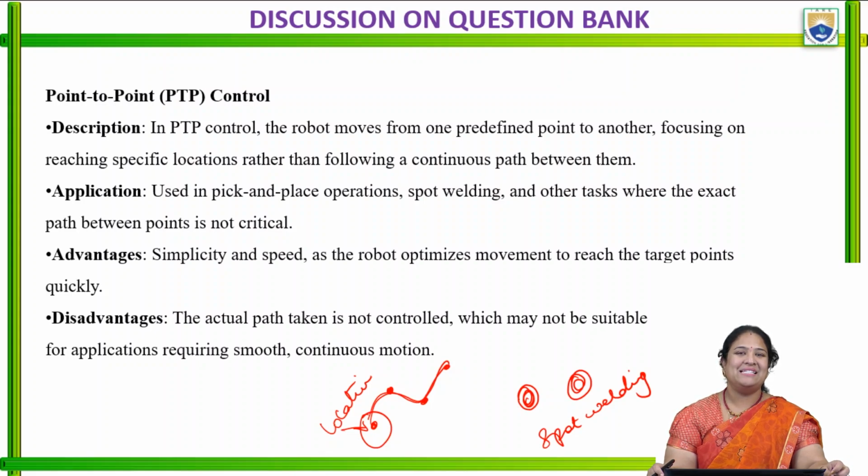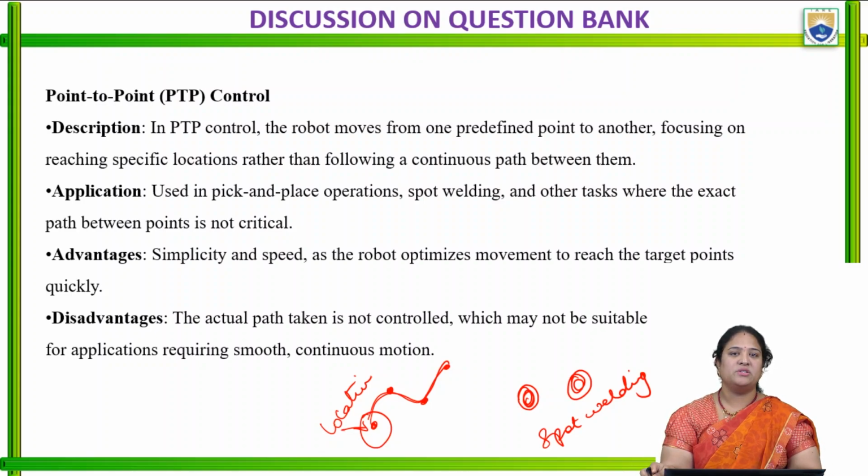One of the best advantages of using point-to-point is that it is very simple in use and it is also fast, as the robot optimizes movement to reach the target points very quickly. The time is reduced, the speed of the manufacturing process is increased, and it is very simple in operation.